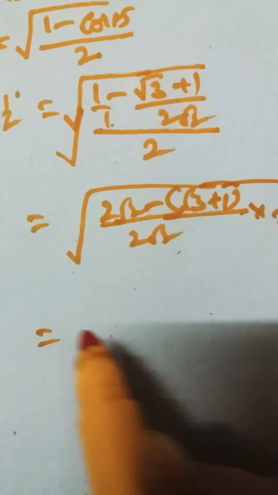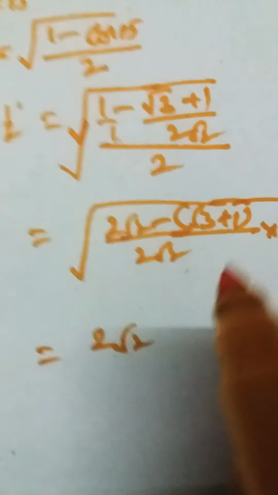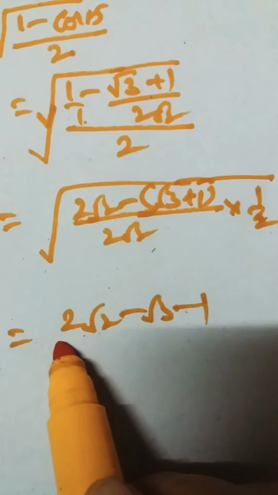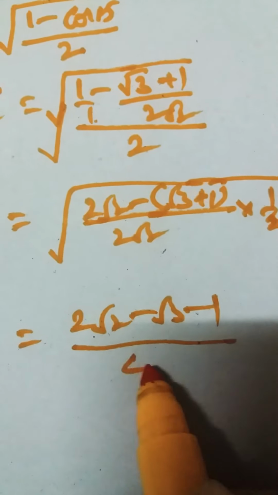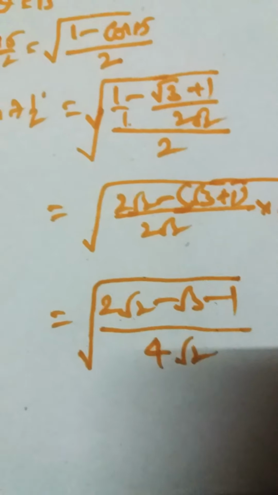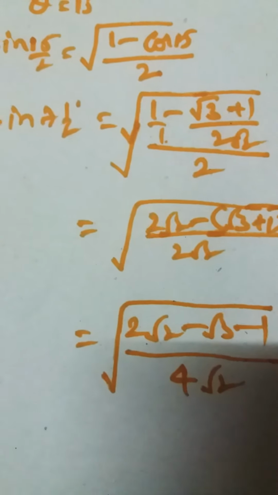Now we get this value as (2 root 2 minus root 3 minus 1) divided by 2 into 2 root 2, that is 4 root 2, under root. So this is the value of sin 7.5 degrees.